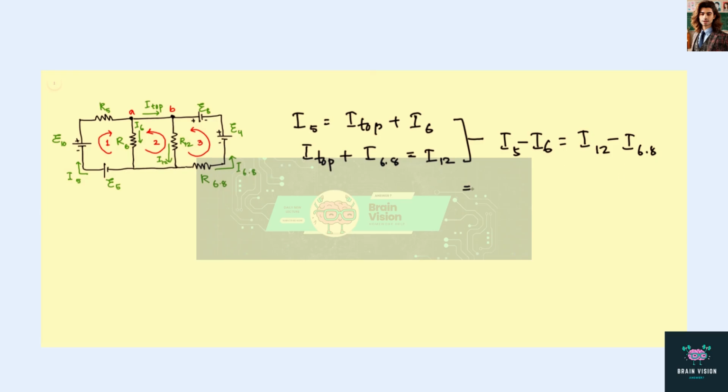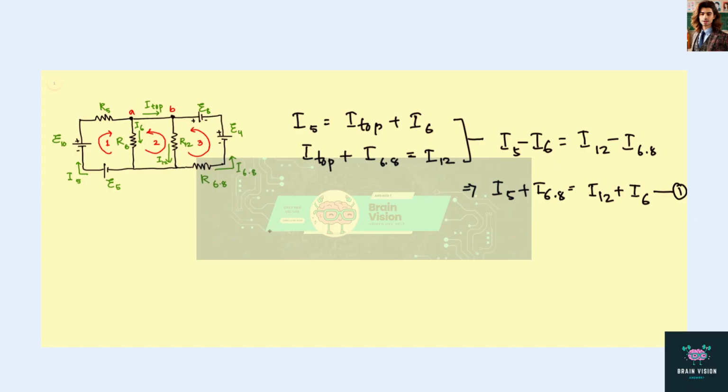And we can arrange this equation like this, having all the plus signs: I5 plus I6.8 equals I12 plus I6. So this is our equation from those two junction rules. Let's call that equation 1. So we got this equation by solving two equations, and now we have eliminated the variable I top. So we will have 4 equations now because we have reduced these two into one.